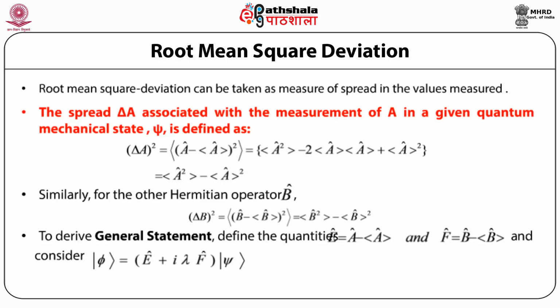And using these two results, one can then write the general statement for the spread of the values associated with a given measurement and define the quantity operator E is equal to operator A minus the expectation value of operator A, and operator F is equal to operator B minus the expectation value of operator B. And let us consider the state phi given by state phi is equal to bracket open operator E plus iota times lambda times operator F bracket close acting on the state psi.